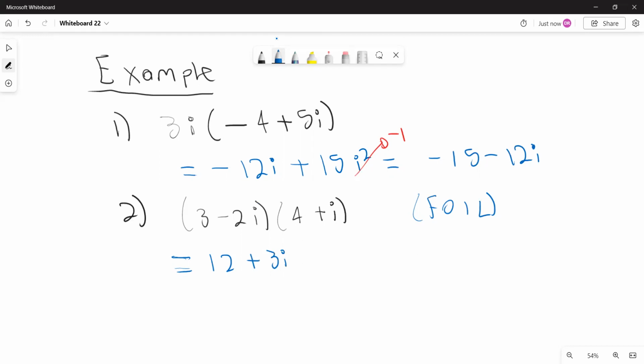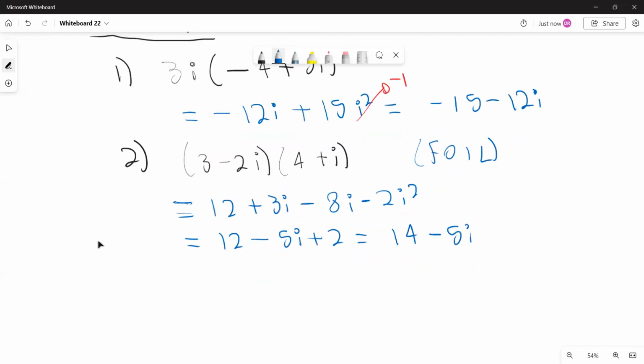Inner terms, the product is negative 8i. And negative 2i times i is going to be negative 2i squared. Where i squared is negative 1, so that's 12, 3i minus 8i is minus 5i, plus 2. And the final answer is 14 minus 5i. Number 3.